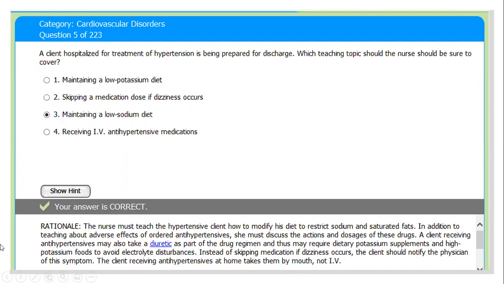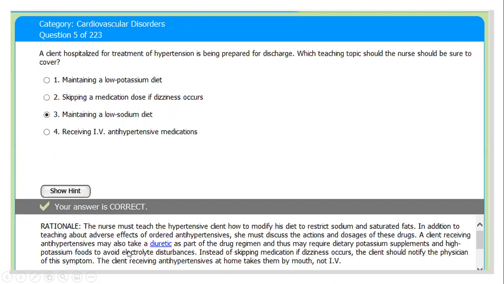Like here, this rationale says the nurse must teach the hypertensive client how to modify his diet to restrict sodium and saturated fat. In addition to teaching about adverse effects of ordered antihypertensives, she must discuss action and doses of these drugs.